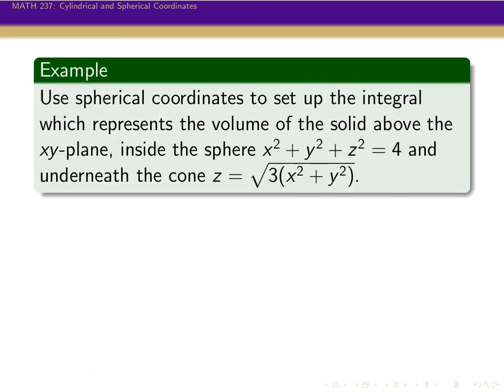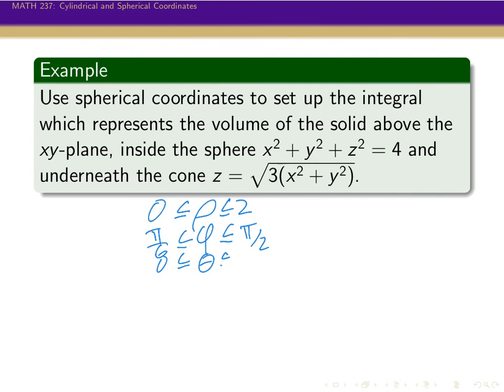Now let's go back to the example we saw before, and let's actually set it up as an integral. From before, our bounds were rho going from 0 to 2, phi going from pi over 6 down to the xy plane, which is pi over 2, and theta going from 0 to 2 pi. Putting this together as an integral, we have to integrate rho squared sine phi.